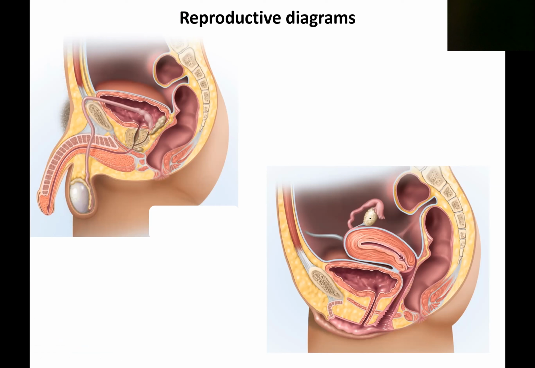Okay, so we have the ovary. Again, we'll do the functions for this system when we go through the model parts.